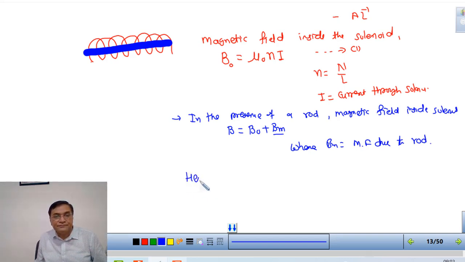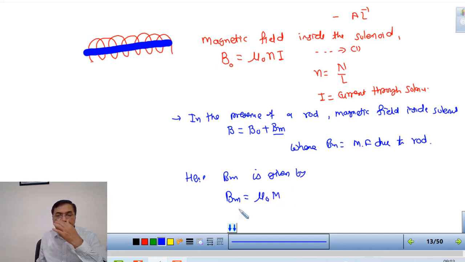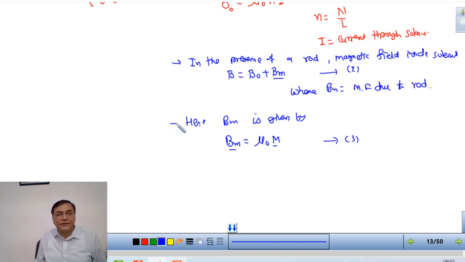So here BM is given by BM is equal to μ0 M. This is the relation between magnetic field and magnetization. Okay.